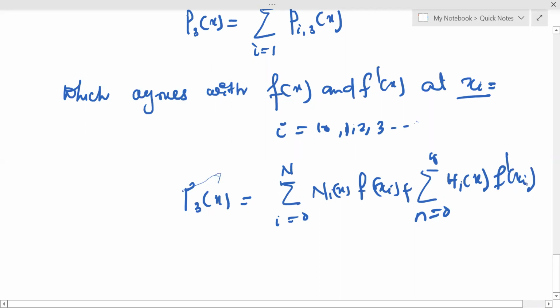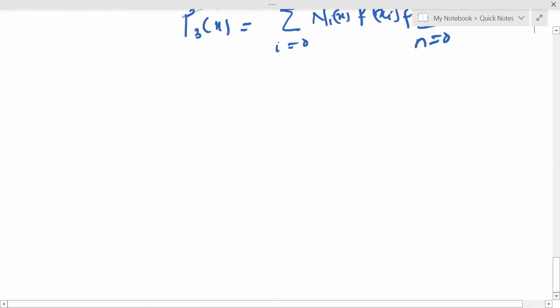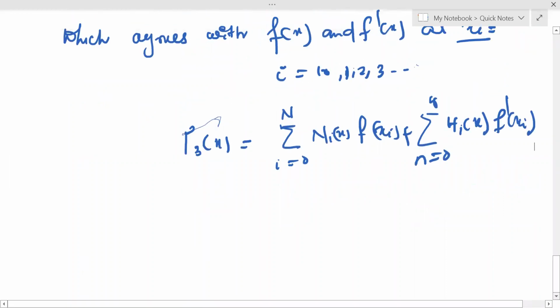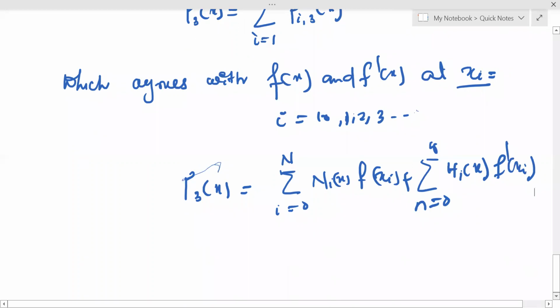And this polynomial is the Hermite type of interpolating polynomial. This type of polynomial is basically called the Hermite type of interpolating polynomial.